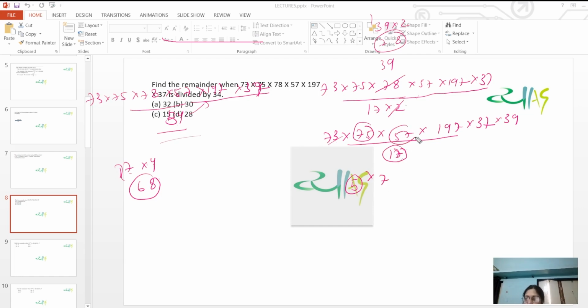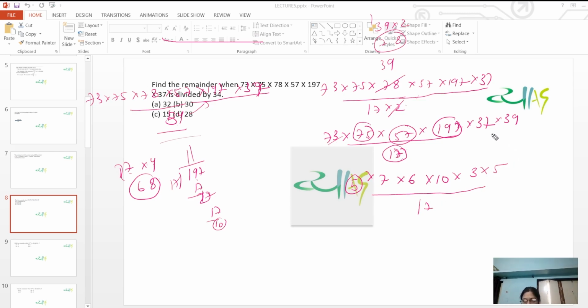When this will go, you will get 6 as remainder. 197, so 17 one times you are going to get, and then this is 27, so again 17 one times you will get 10 as remainder. Here you will get 3 as remainder, because 17 twos is 34, and here you will get 5 as remainder.